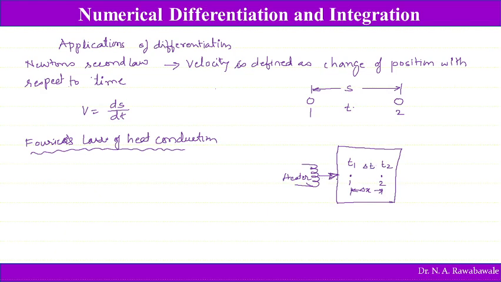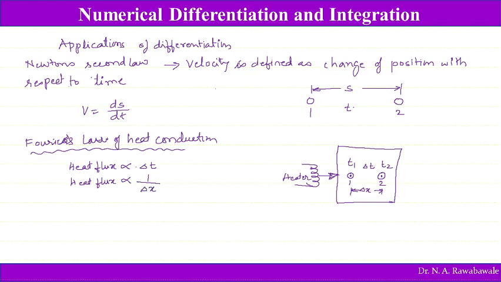So this amount of heat which is transferred from first position to the second position is directly proportional to the difference of temperature. So heat transferred or heat flux is directly proportional to the change in temperature, whereas this heat flux is inversely proportional to the distance between two positions, that is delta x, 1 by delta x.